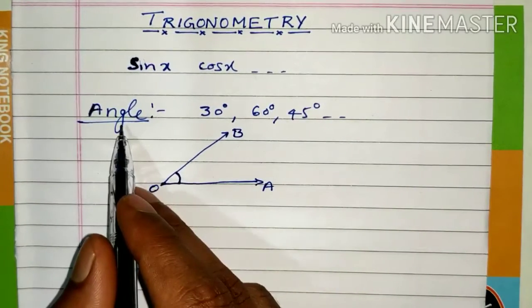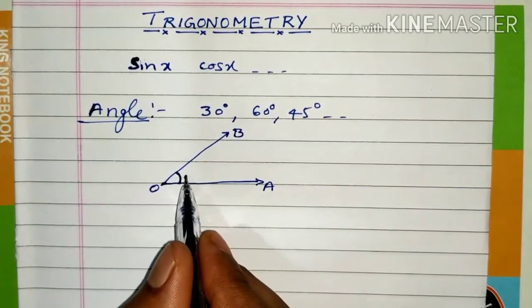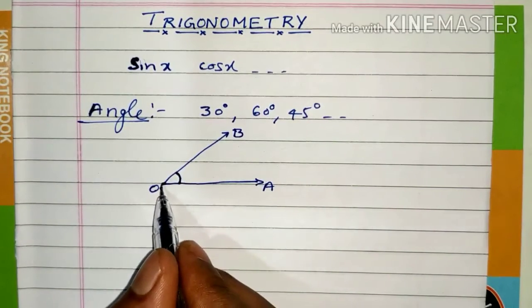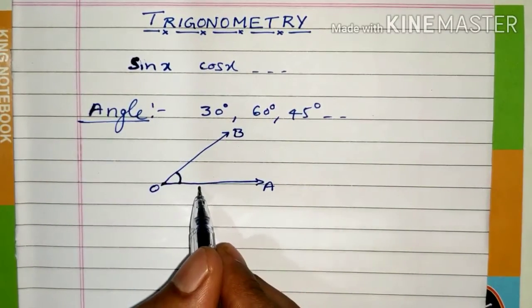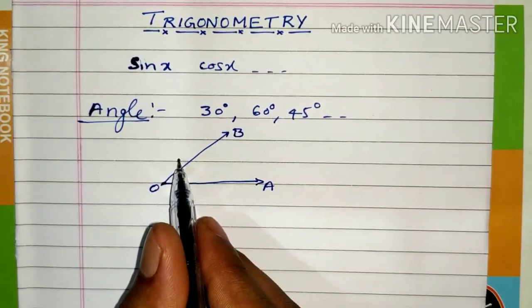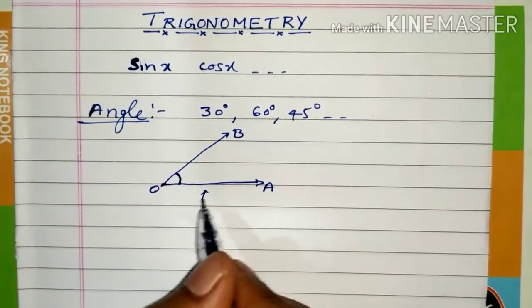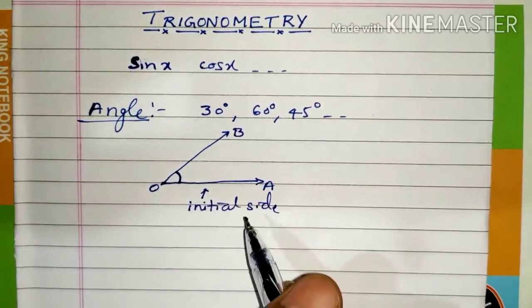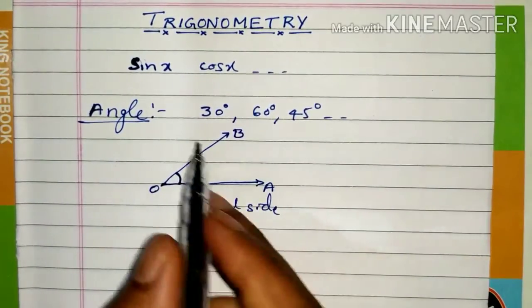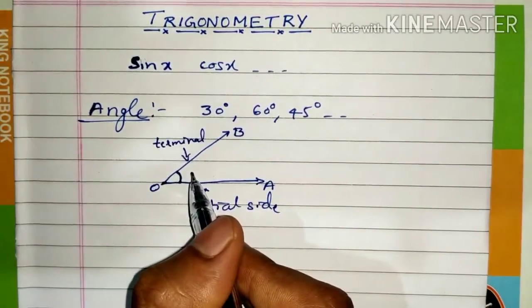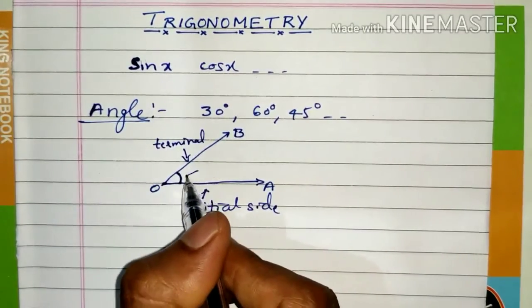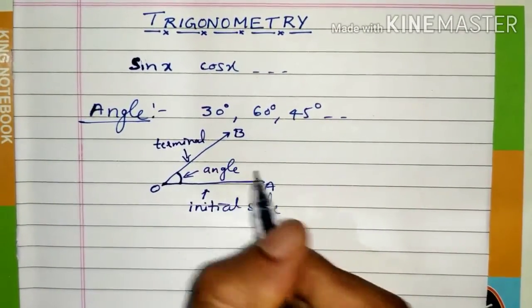So how much you have rotated the line OA to reach the position OB. Therefore angle is nothing but the amount of rotation made by a line with respect to its initial position. So this is called the initial side, and this is the terminal side, and this is the angle.